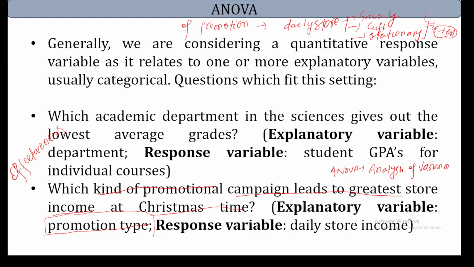Variance comparison, and in the F test we are also doing the same variance comparison. Yes. In that we are very limited in the variables, but here we'll have multiple variables.